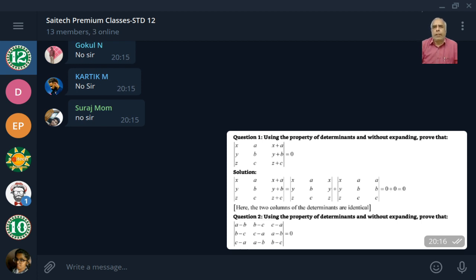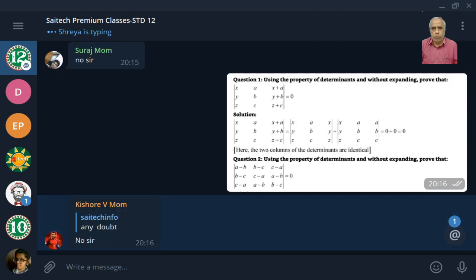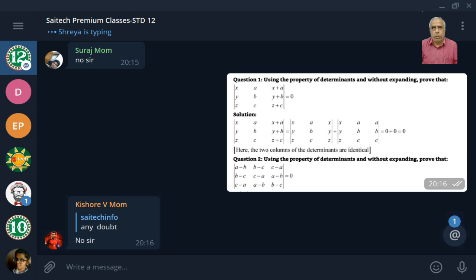We know x, a, x plus a. Let us consider the first column, second column, third column. The third column can be dissociated, is it not? So you can retain x, y, z and split a, b, c alone and make it as two determinants.